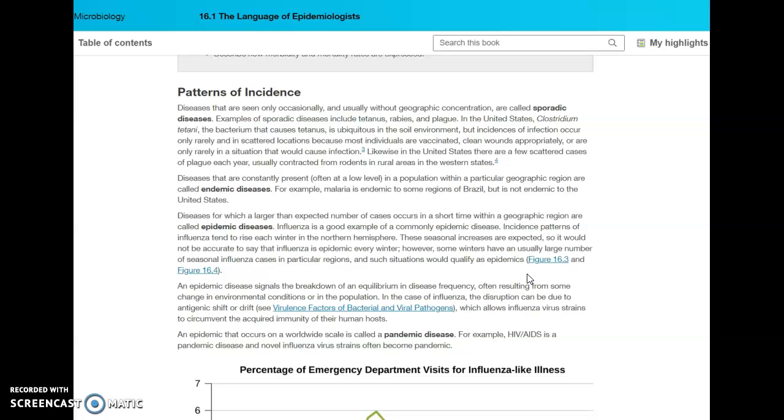But sometimes we get a susceptible population and measles will spread throughout a population, and so that can be an epidemic. And then a pandemic is when an epidemic goes global. And so that's what we're in the middle of right now with the coronavirus. It's a pandemic because it's an epidemic that's occurred on more than one continent.